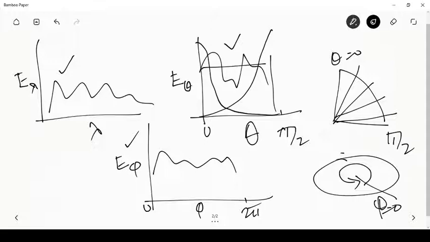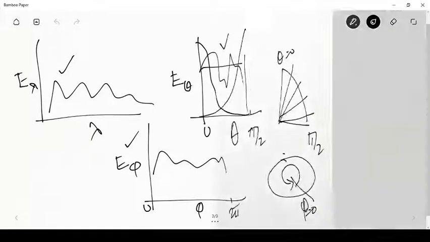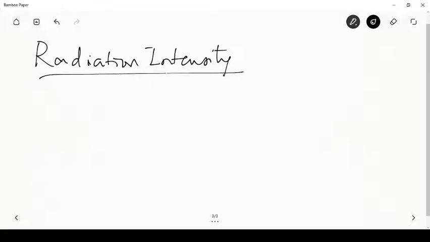So we will define that using what we call radiation intensity. Okay? So the quantity that we define as radiation intensity is basically a directional as well as spectral quantity. So when you want to get the total energy emitted, you will need to integrate it over the directions, over the entire hemisphere and over the entire spectrum.